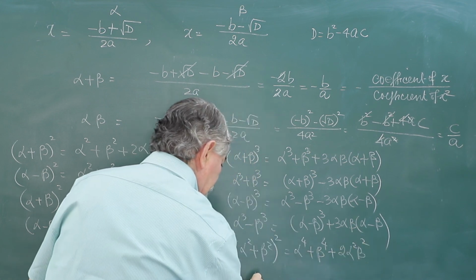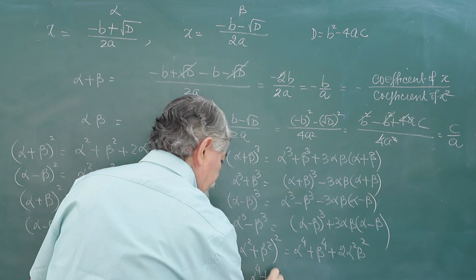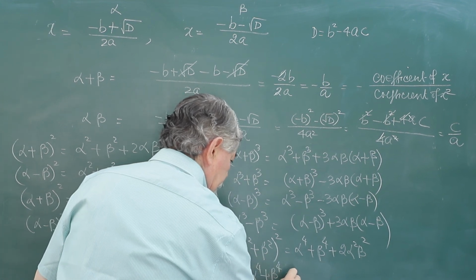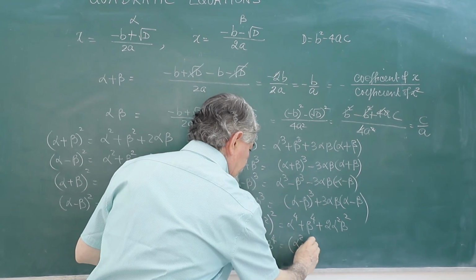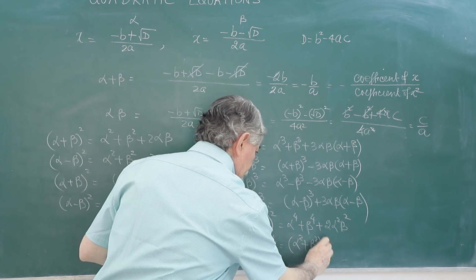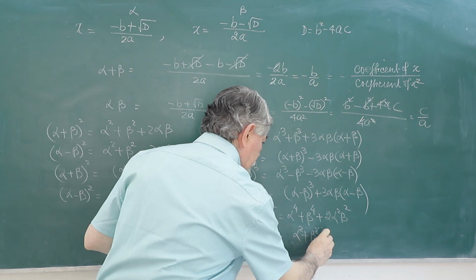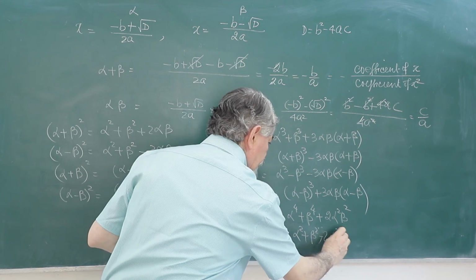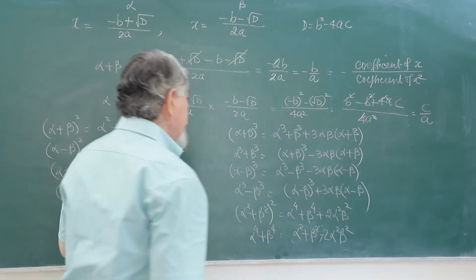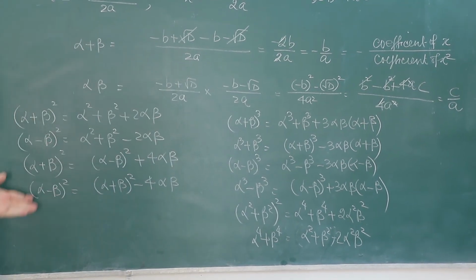Or if I want to calculate alpha 4 plus beta 4, that will become alpha square plus beta square whole square minus 2 alpha square beta square. All these formulas we will be using. It is important to remember all these formulas.